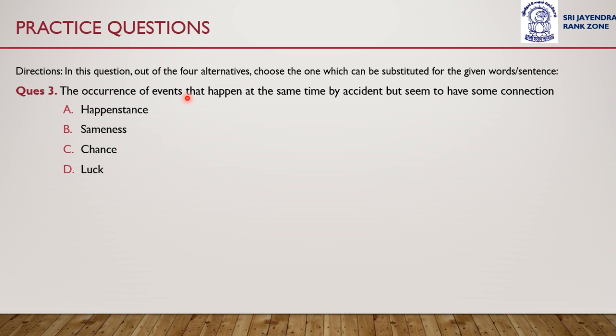Option A, happenstance. Option B, sameness. Option C, chance. Or option D, luck. Which of these four words represents the occurrence of events that happen at the same time by accident but seem to have some connection?